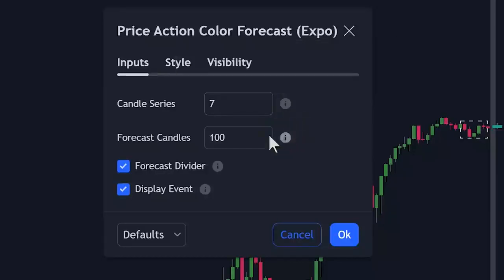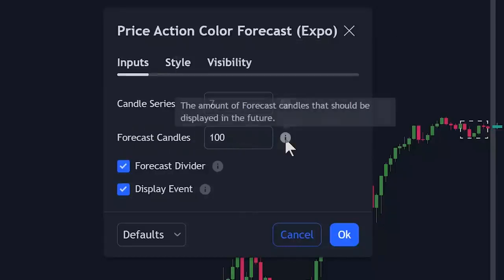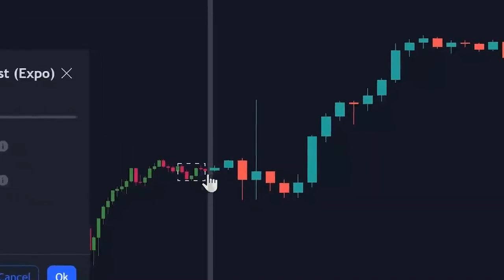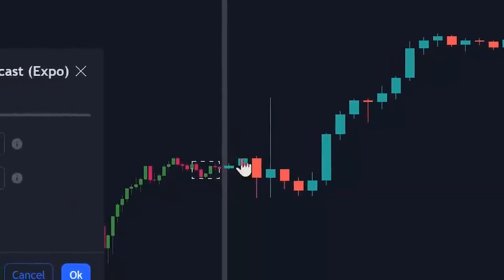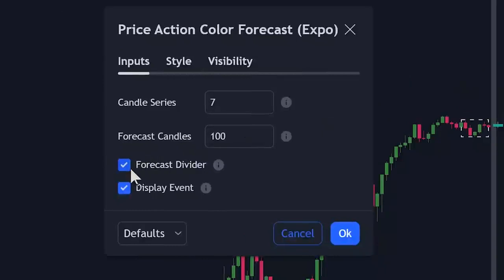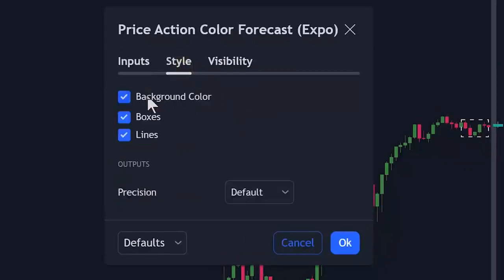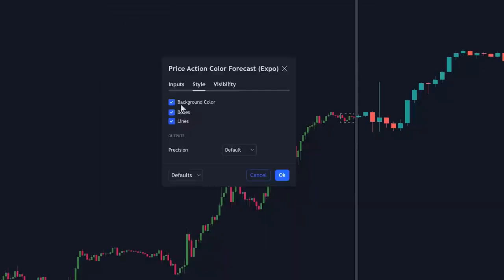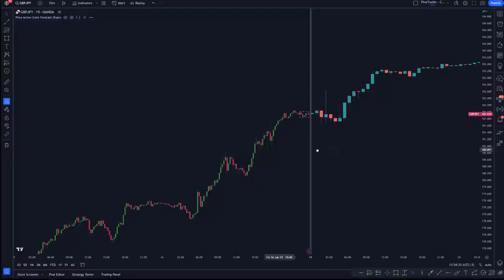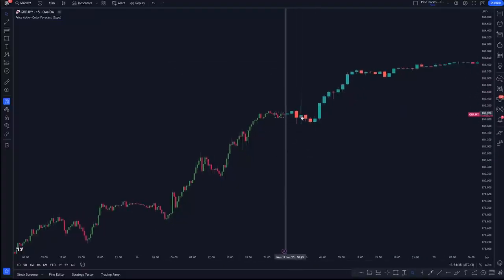The forecast candles setting refers to the number of candlesticks that the indicator will project into the future for the forecast. Then the display event checkbox is going to display the price action color pattern that has been found on the chart. Then on the Style tab, we have options to toggle the display of the background color, the boxes, and the lines with no option to change the color of the predicted candles, which I think would have been pretty cool.